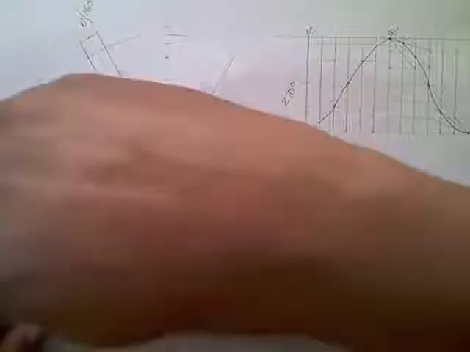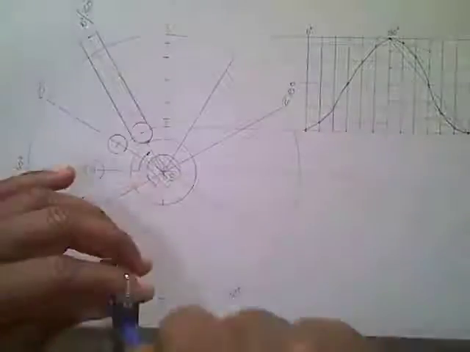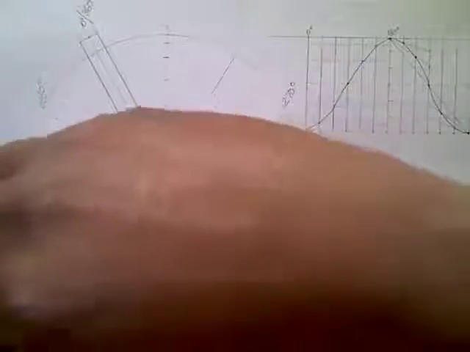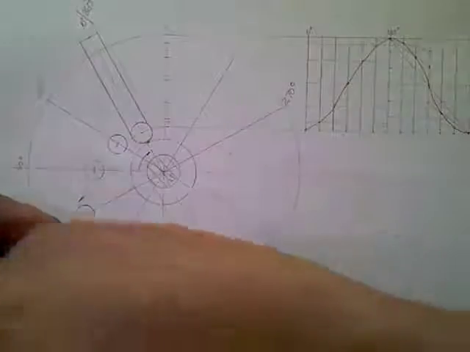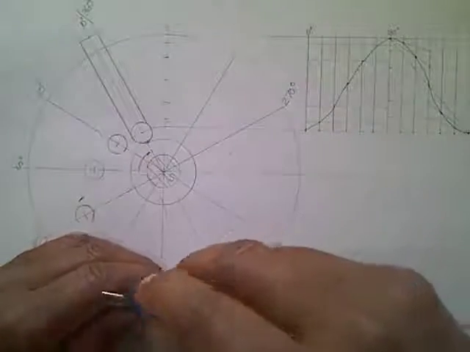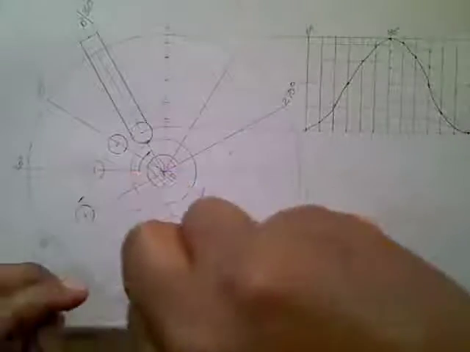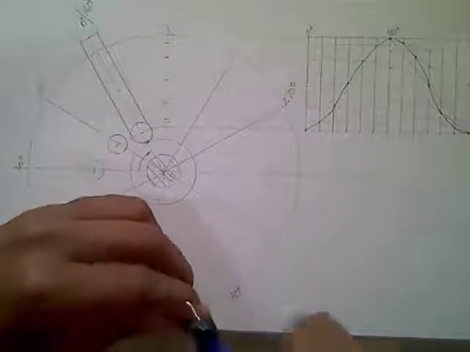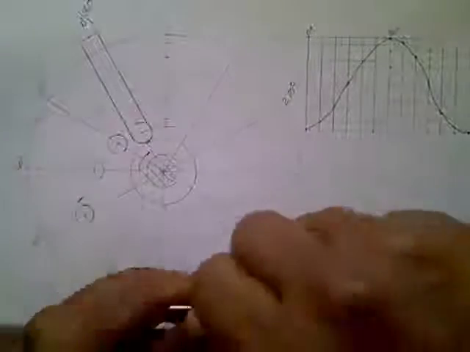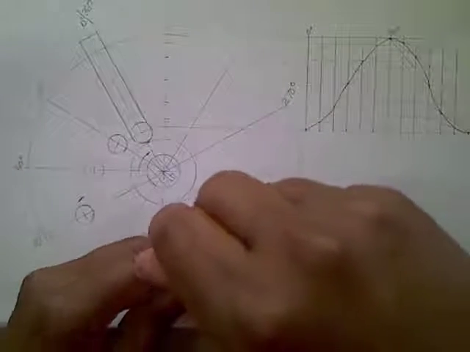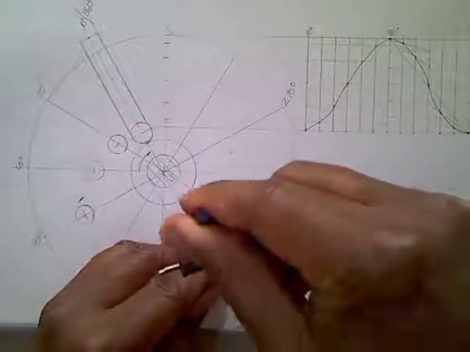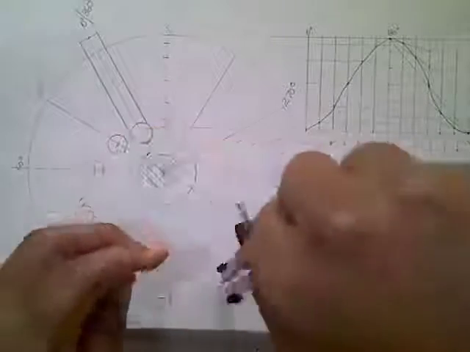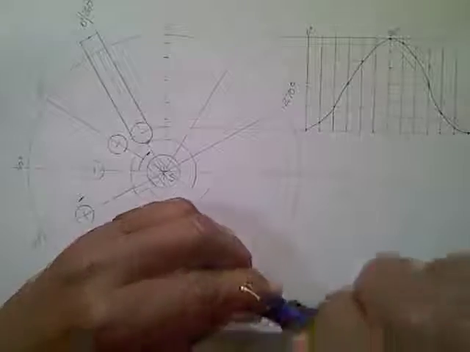Your roller will be located somewhere here, right through up until 180. We have established that 180 will be here.